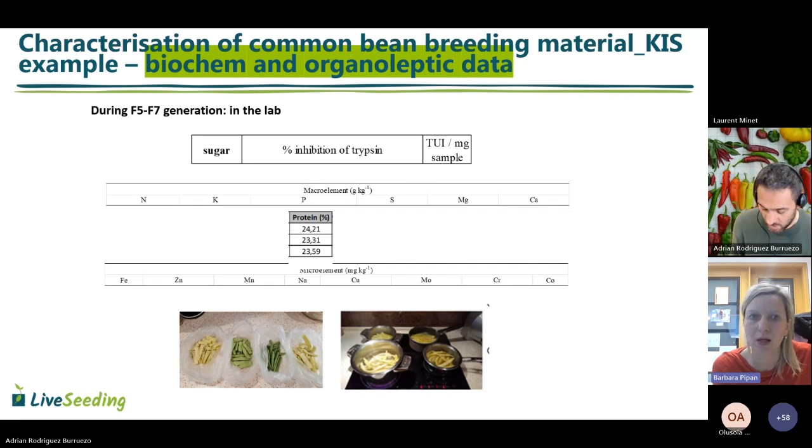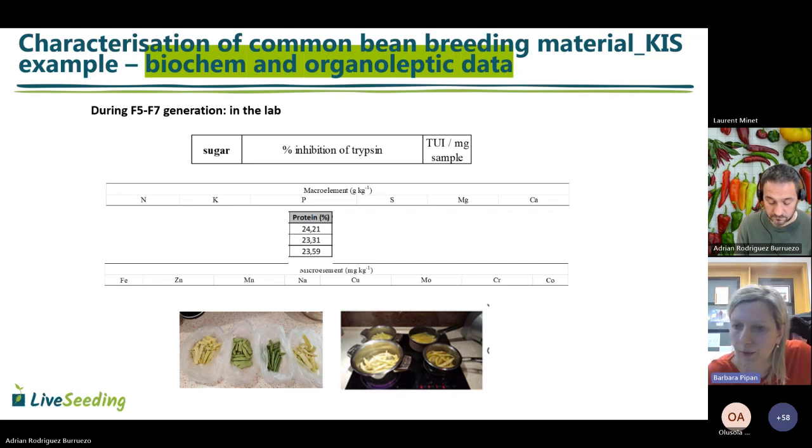Okay, then the next group of traits of interest, which we are following and recording during our breeding program on our breeding materials, is biochemical composition, as well as the organoleptic data and the results of this part. So here we are focusing on contents of microelements, macroelements, proteins, sugars.